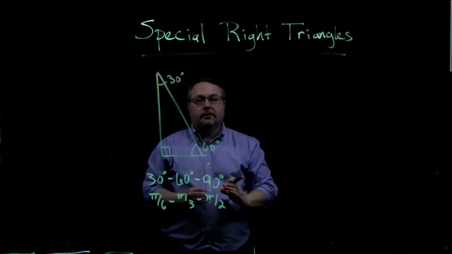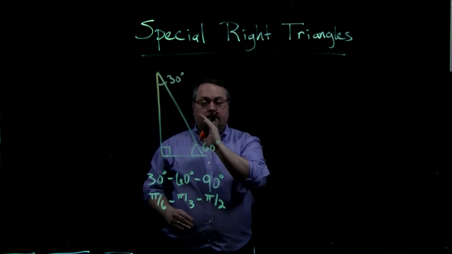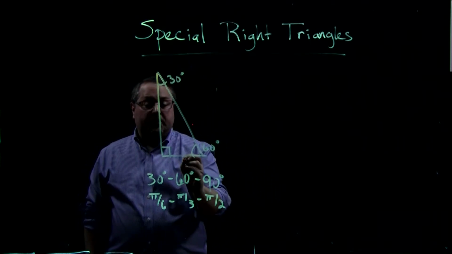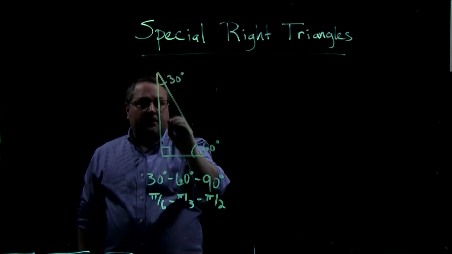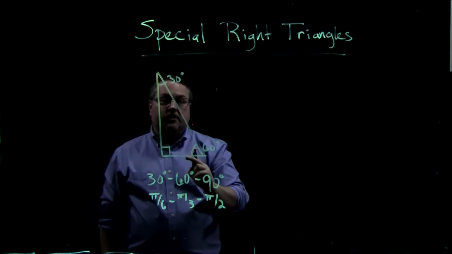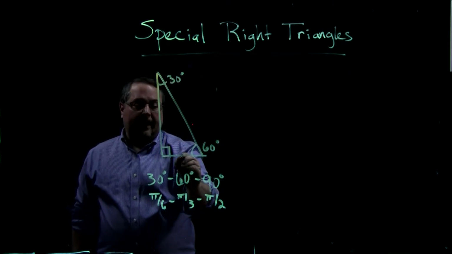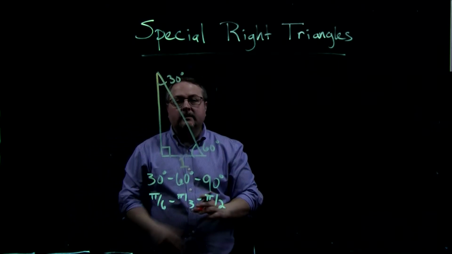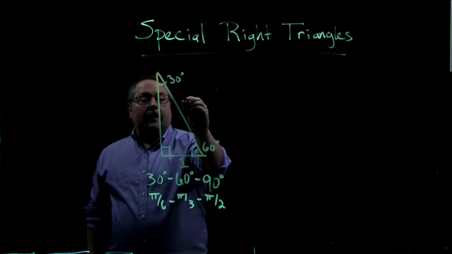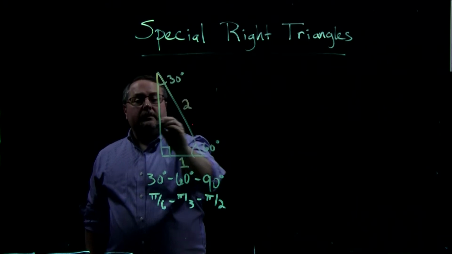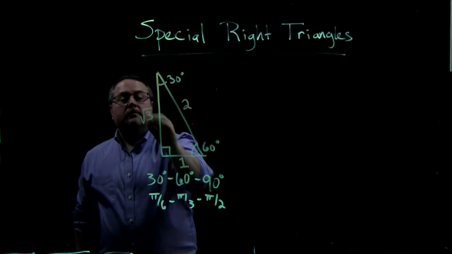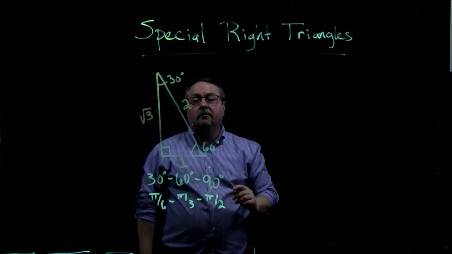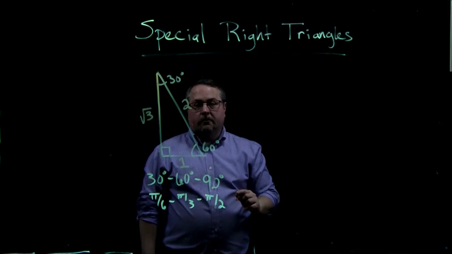Now for the special right triangle that's 30 degrees, 60 degrees, and 90 degrees, we have the following relationship between the sides. If our shortest side, and our shortest side is always across from the smallest angle, which will be the 30-degree angle, has length 1, then our hypotenuse will have length 2, and our long leg, the one that's across from the 60-degree angle, will have length equal to the square root of 3.